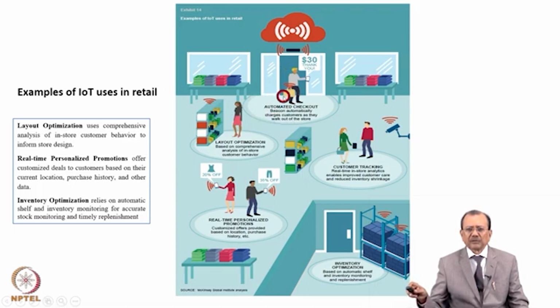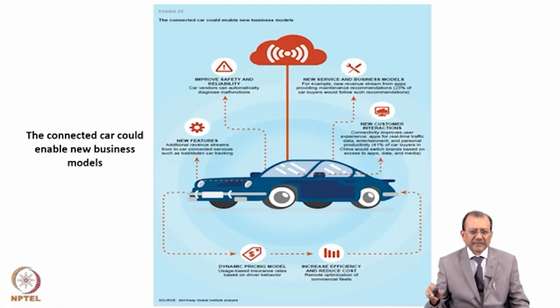If they take any goods, they need not swipe; automatically the money will be deducted from their account. The way we sometimes see at the check post, when your car passes through the check post, the money is deducted from your account. Like that, these kinds of systems are now being developed and provided with the help of IoT infrastructure.